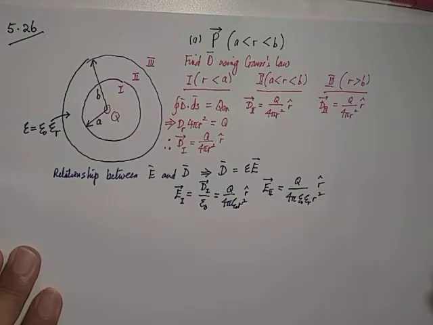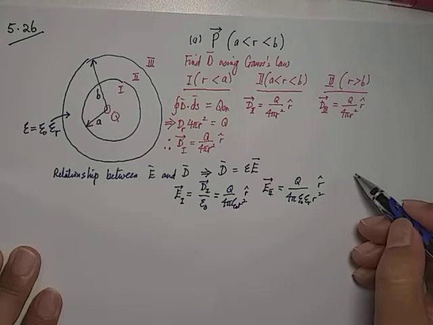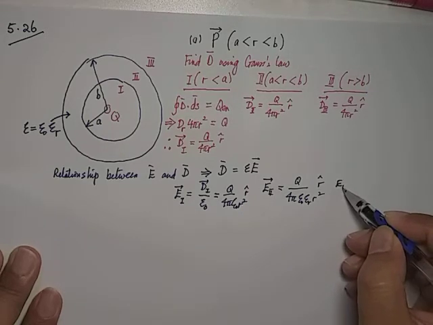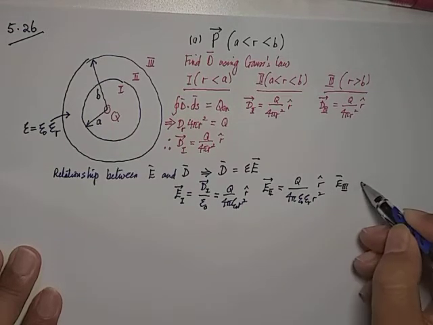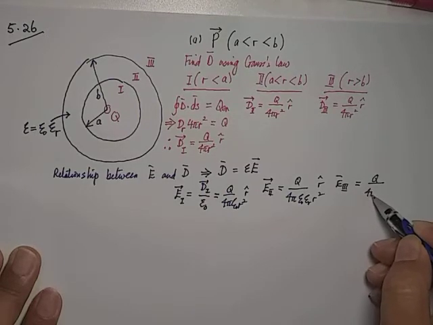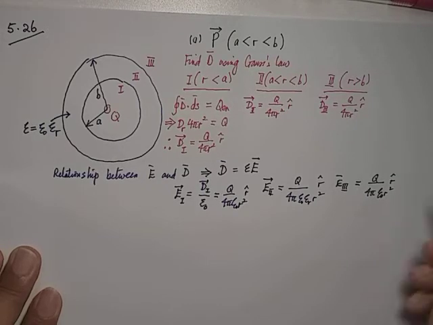And for region number 3, we know it is free space as well. So the field in region number 3 is exactly the same as the field in region number 1. So E3 should be equal to Q divided by 4 pi epsilon naught r squared in the r direction.